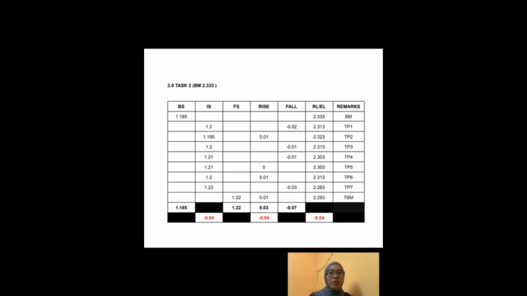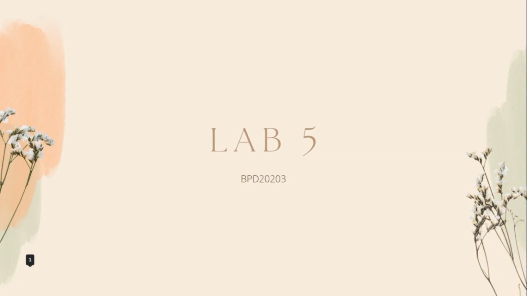Rise is the result of positive data, while fall is the result of negative data. Remarks are divided into two, namely benchmark and temporary benchmark. Benchmark is the decided reference point of known elevation, and temporary benchmark is set up by the surveyor for its own task temporarily. Thank you.